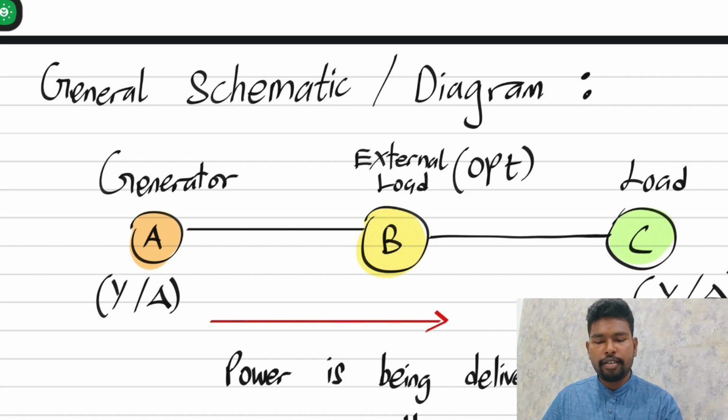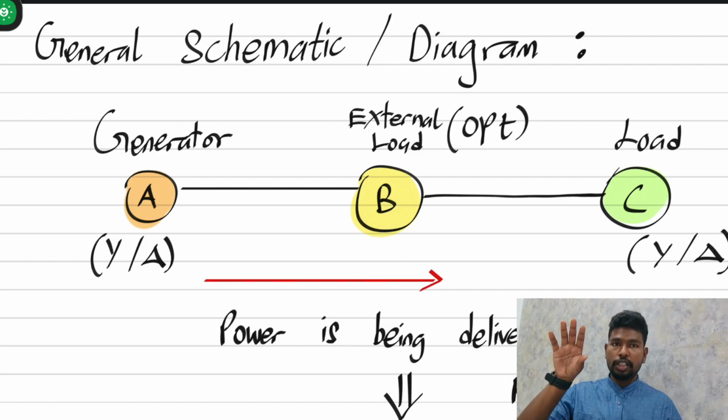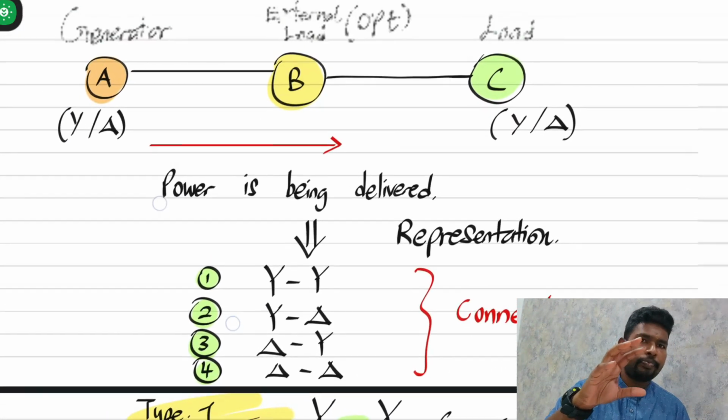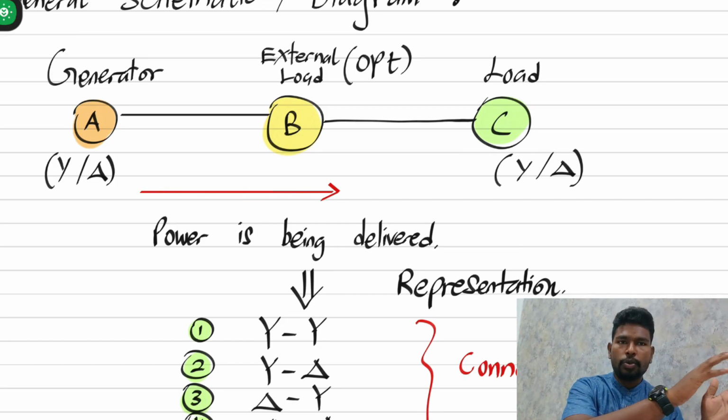Beneath, there's an arrow pointing from A towards C, which represents the direction of power being delivered. In a typical electrical problem, the source delivers the energy and it is received by the load, whatever you have connected the load to.